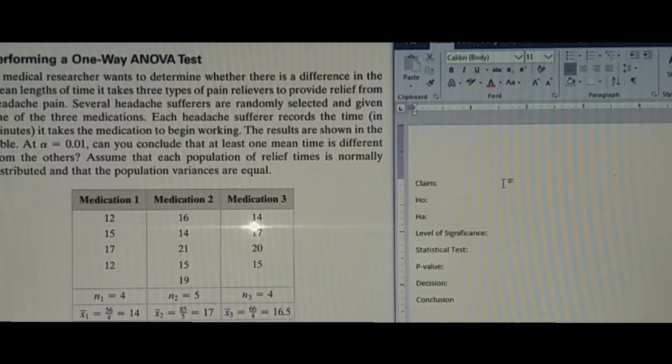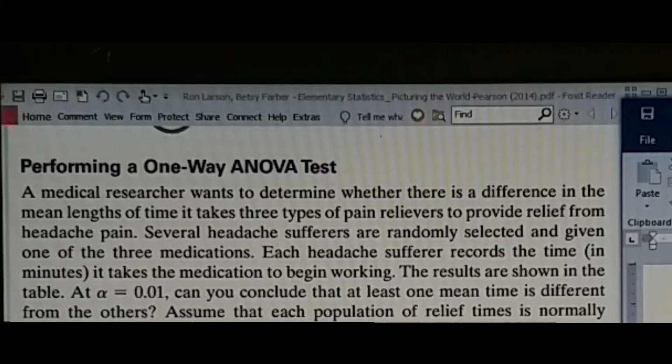Alright, so let us now answer the given problem. First of all, let us find the claim in the problem. In the problem, the claim was there is a difference in the mean length of time it takes 3 types of pain relievers to provide relief from headache pain.